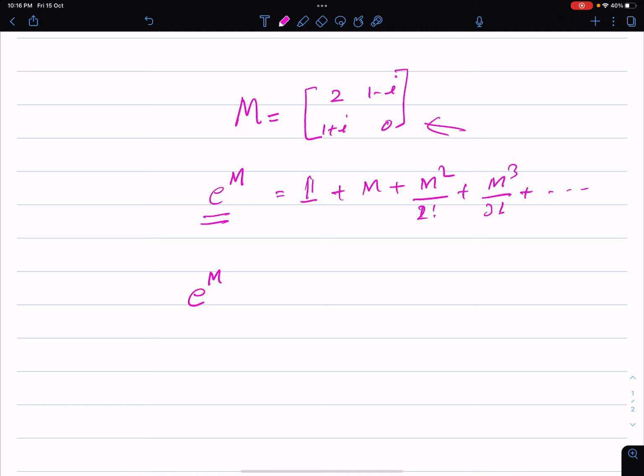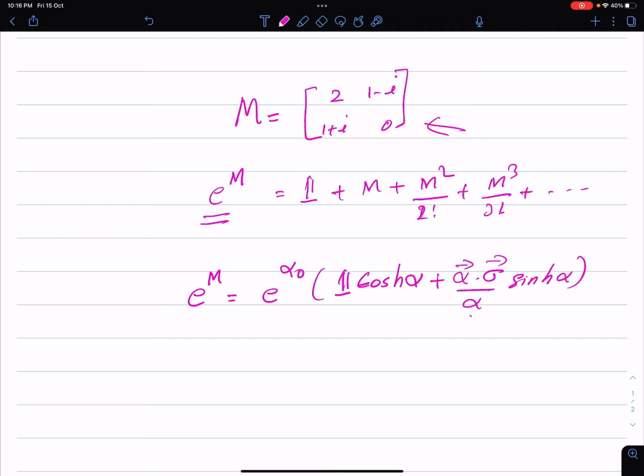e power M is equal to e power alpha 0 times [identity cosh alpha plus (alpha dot sigma) divided by alpha, sinh alpha]. Here alpha is a vector, sigma is also a vector.